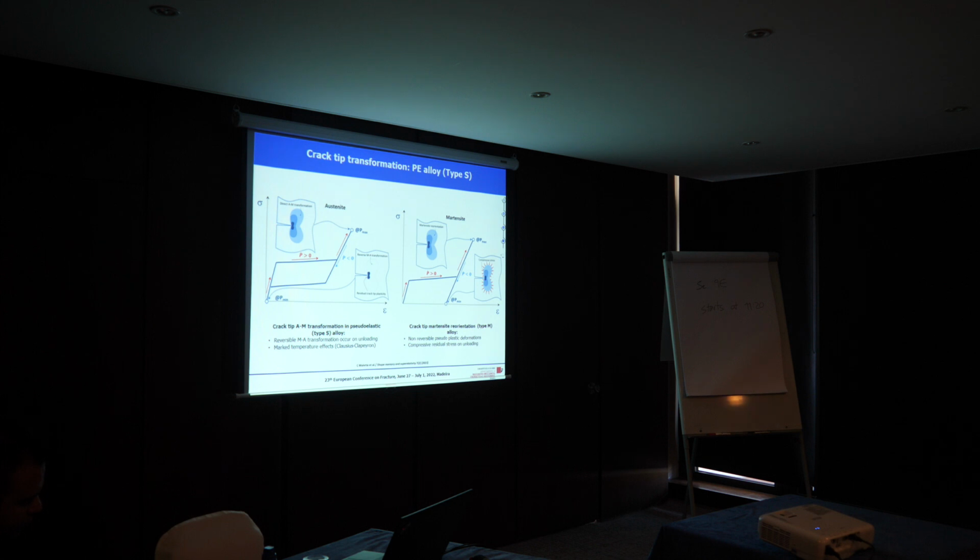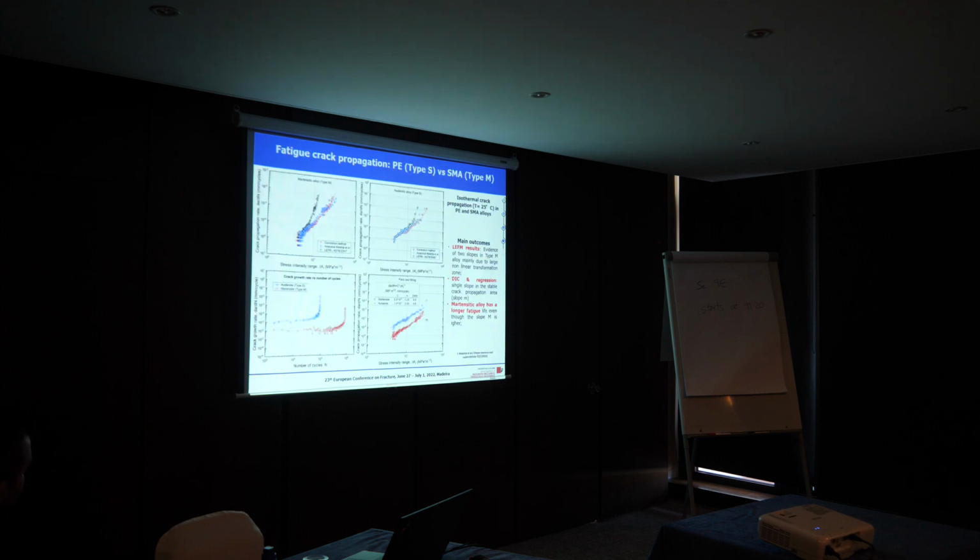But martensitic materials behave in a completely different way, because on unloading we have martensite reorientation, but this reorientation does not vanish on unloading. I mean, it's a kind of pseudoplastic deformation. That's why we expect a kind of compressive residual stress on unloading. And this is why we captured the better fatigue properties of martensitic material with respect to austenite.